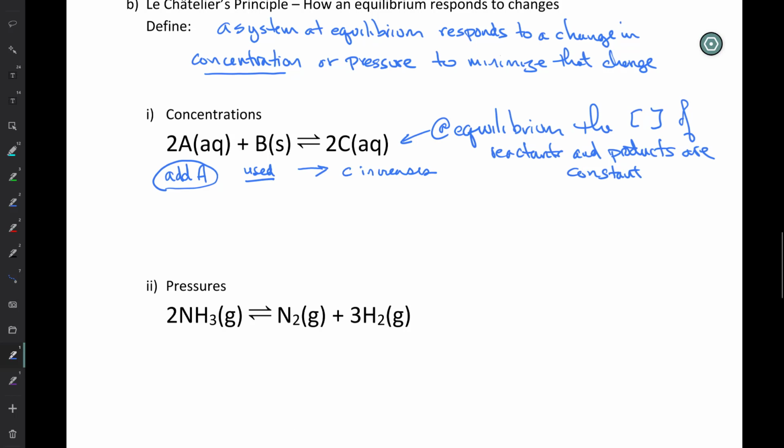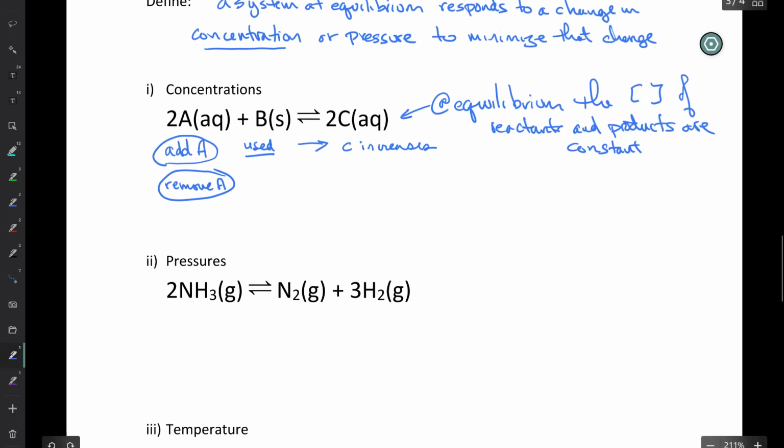What if I take A out? So we remove A. Well, since I took A out of the system, the reaction will go this way. Because when you take A out, the reaction wants to resupply A, so C goes down, and B is produced.